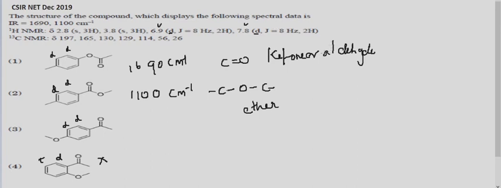So the aldehyde can be ruled out, so it should be a ketone. You could see that the only structure which is a ketone is this. So the given NMR spectral data matches this corresponding structure.